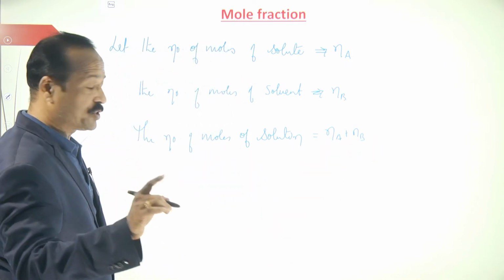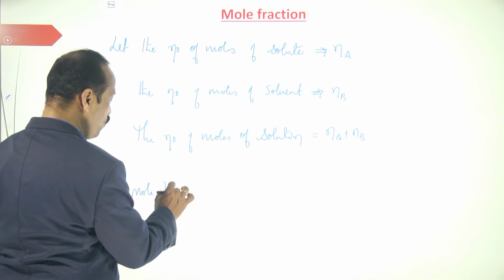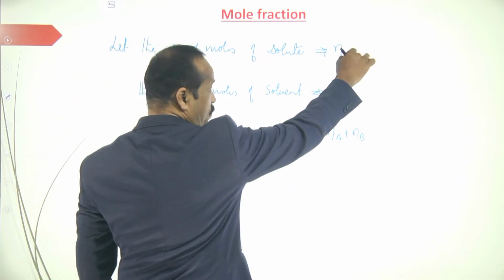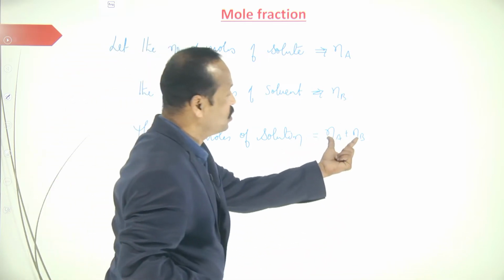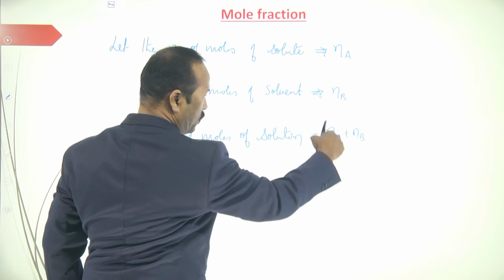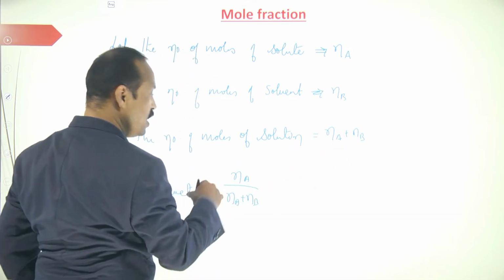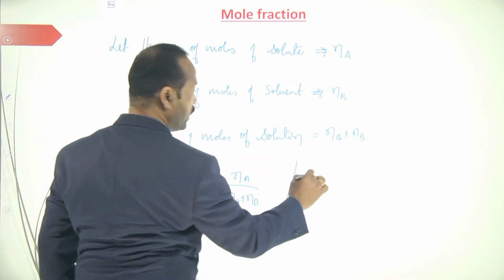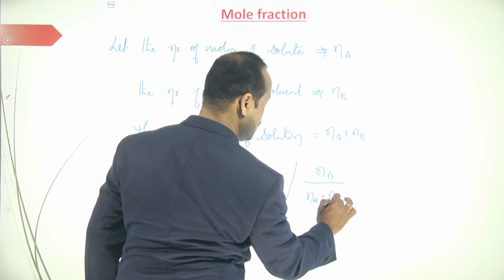Now what is mole fraction? Mole fraction is equal to the number of moles of one component, maybe solute or solvent, to the total number of moles of solution. Means what? Na, this component, to the total number of moles of solution, that is Na plus Nb. Or if you want the mole fraction of solvent, then we can write Nb by Na plus Nb.